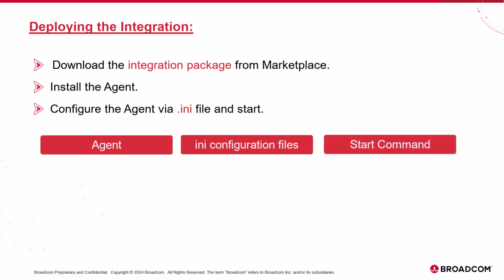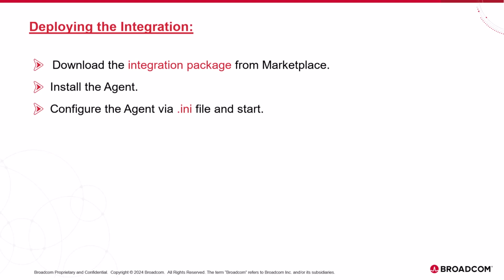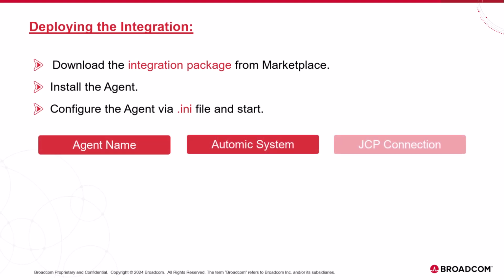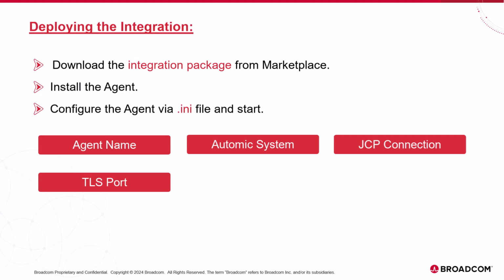We use the appropriate INI file for our specific platform. SAP BOBI is a standard Automic agent. It requires at least 4 values to be updated: agent name, Automic system, JCP connection, and TLS port, and finally TLS certificate. When the agent is configured, we start it.